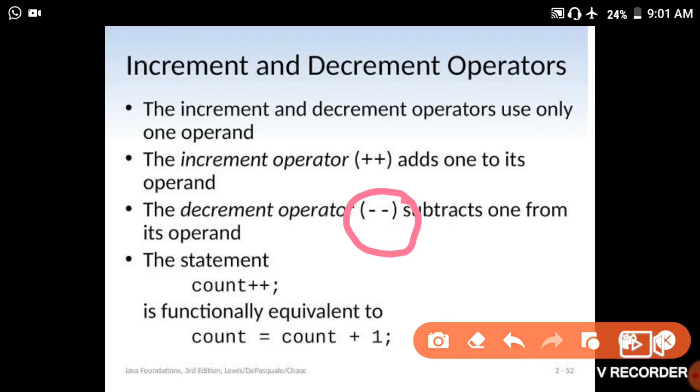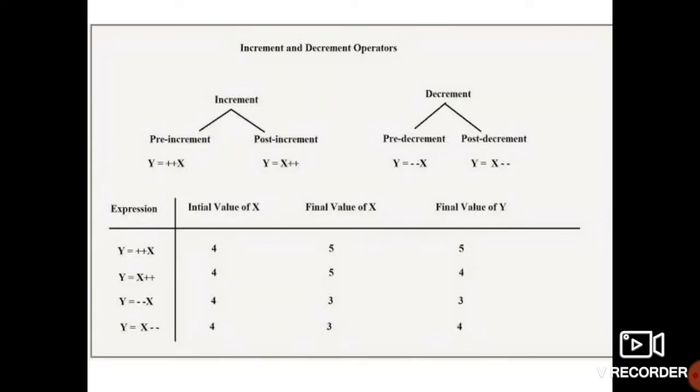For example, count plus plus. Count is a variable, plus plus is an increment operator. So in short, count plus plus means count is equal to count plus 1. Now here, in another chart, you can easily see that increment and decrement operators are classified into the pre-increment operator and post-increment operator, and the decrements are pre-decrement and post-decrement.